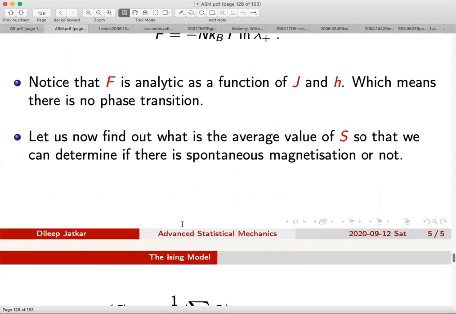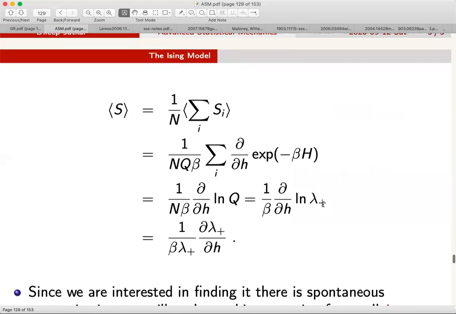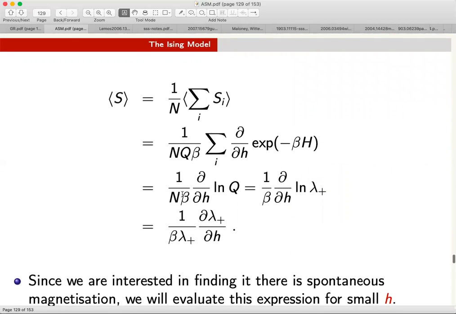So one could compute the average value of spin. Maybe I should call it spin because it could be confused with entropy. The average value of spin is also something we had computed last time, which was related to the local magnetization of the system.